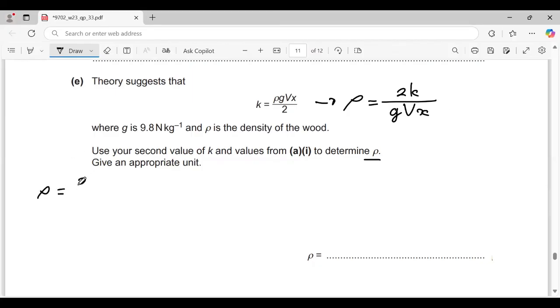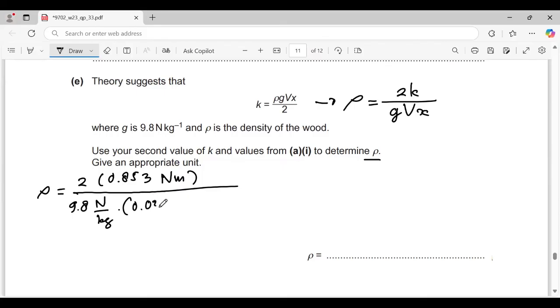So rho equals 2 multiplied by the second value of K, 0.853 newton meters, over g, which is 9.8 newton per kg, multiplied by the volume, 0.03 meter cube, multiplied by x. x is the distance between the rod and the strip, that is 0.05 meters.